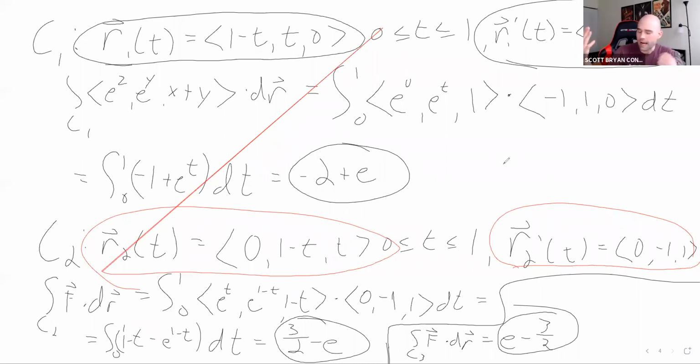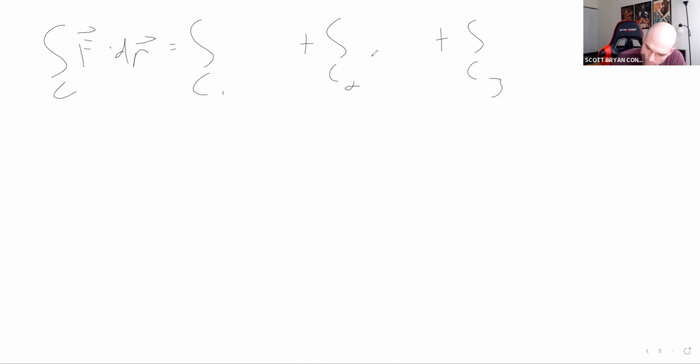Okay, so we have the integral over each piece. And so the integral over C is just going to be the sum of those. So it's going to be the integral over C1 plus the integral over C2 plus the integral over C3.